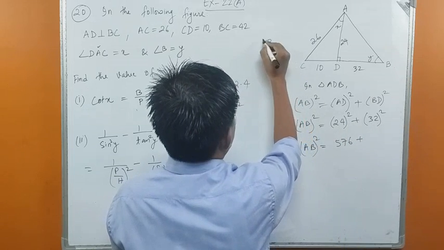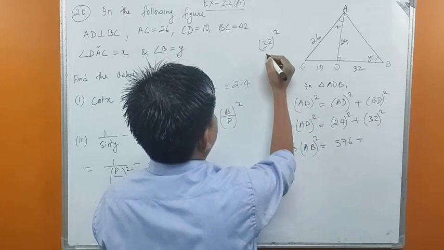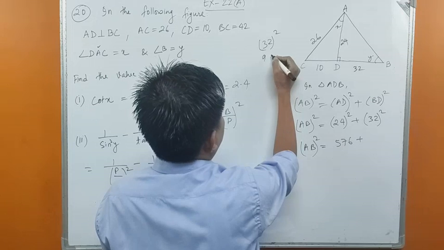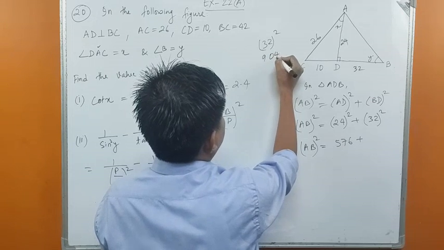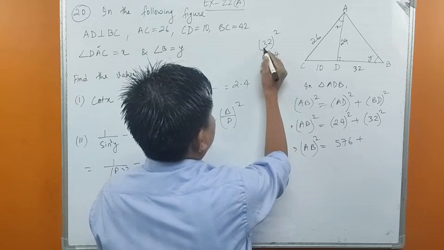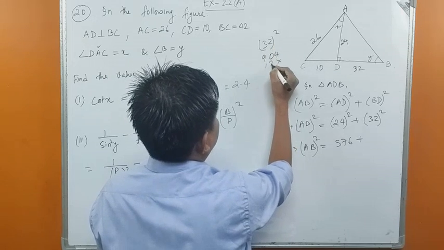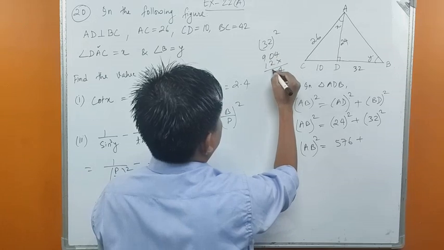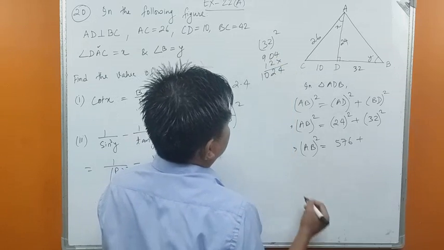32 squared: 3 squared is 9, 2 squared is 4. Single digit means we need to write 04. 3 twos are 6, 6 twos are 12. So 4, 2 plus 0 is 2, 9 plus 1 is 10. 1024.